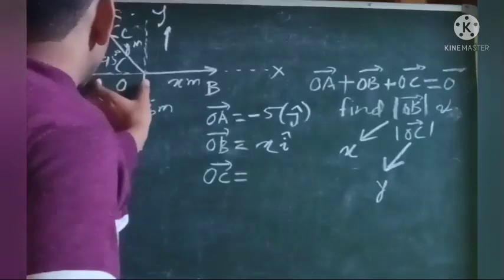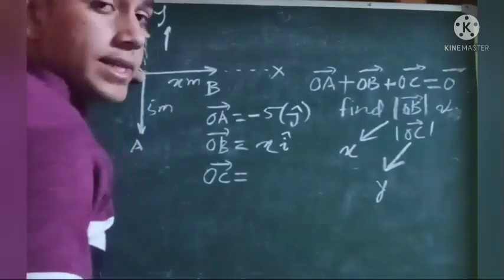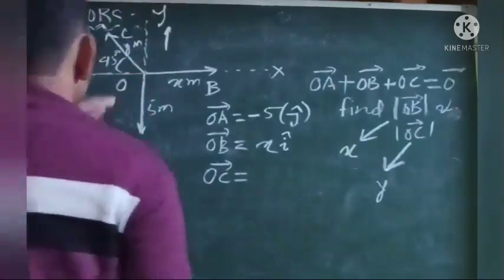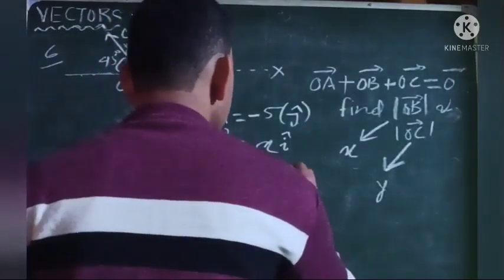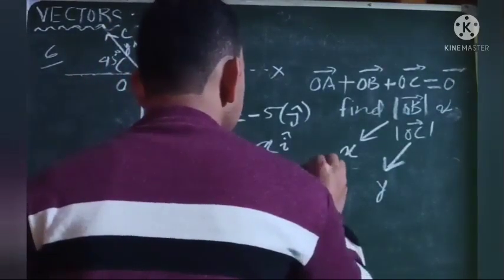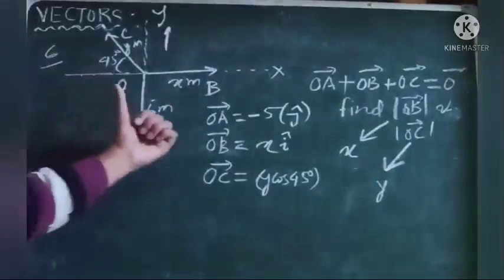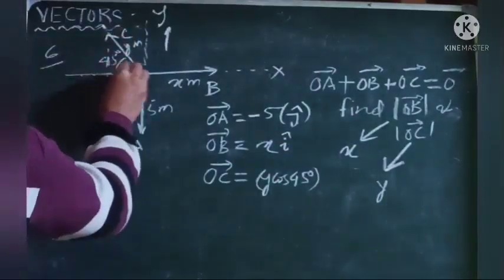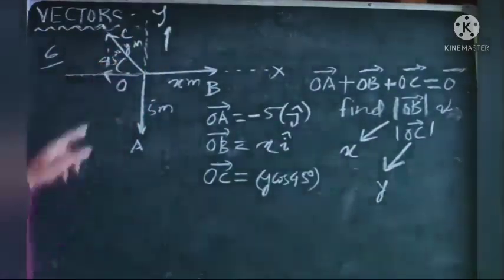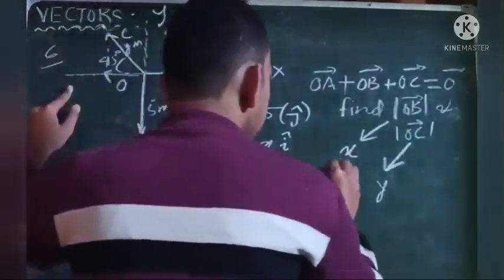The x component is y cos 45 degree, and its direction is minus I cap.